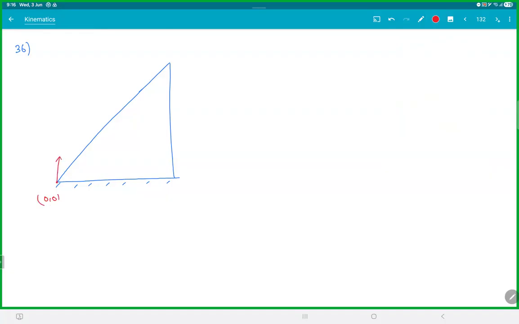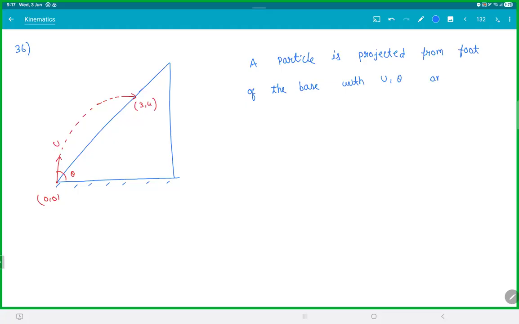Someone throws a particle from the foot of the base with some speed u and angle theta, and it hits the incline while traveling horizontally.